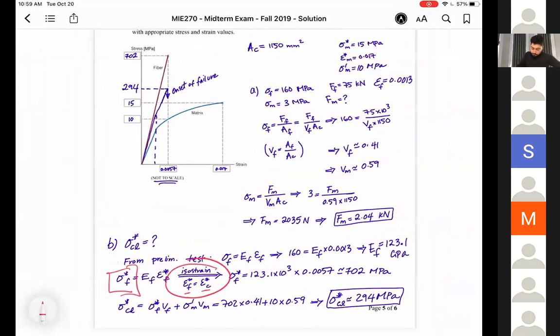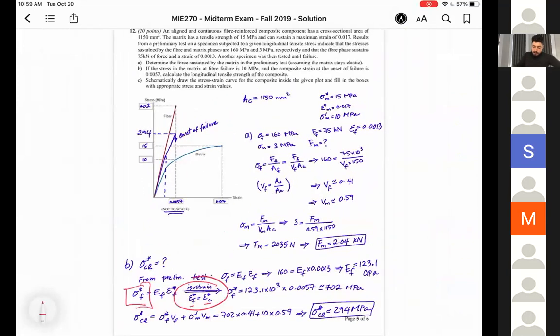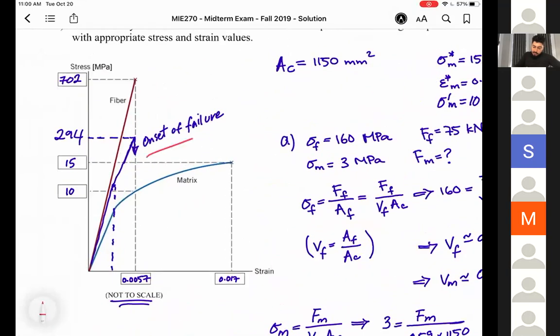Again, make sure you label this as the onset of failure, clearly showing stage number 1 and stage number 2.